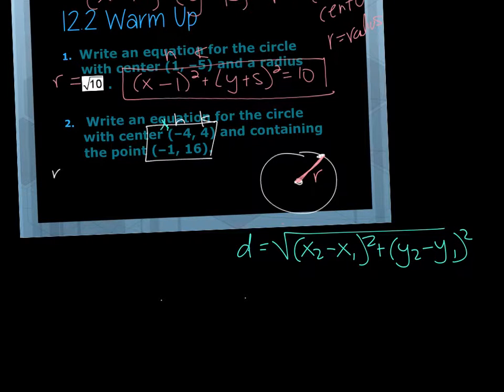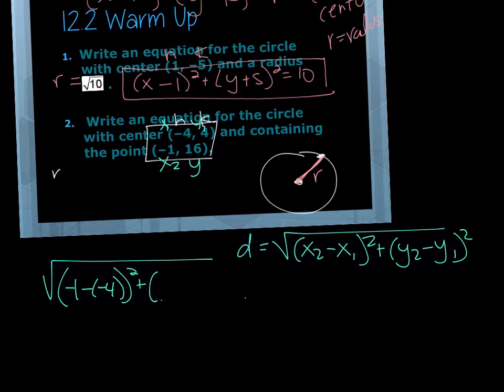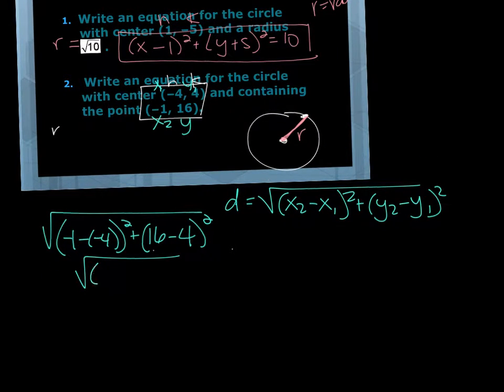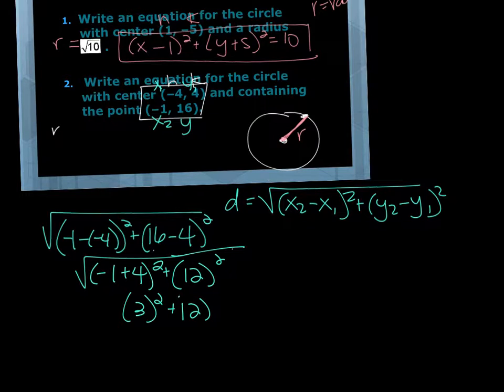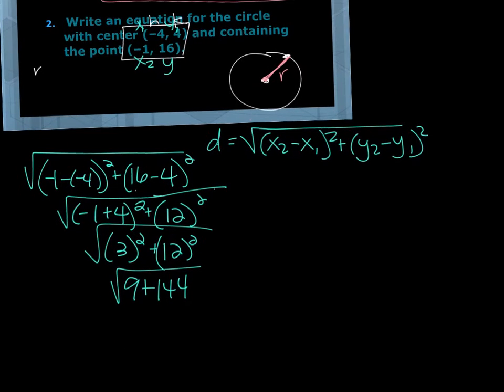So if this is my x1, y1, and this is my x2, y2, I get the square root of (-1 minus -4) squared plus (16 minus 4) squared. -1 plus 4 is 3, and 16 minus 4 is 12. So this is 3 squared plus 12 squared, square root of 9 plus 144, square root of 153.